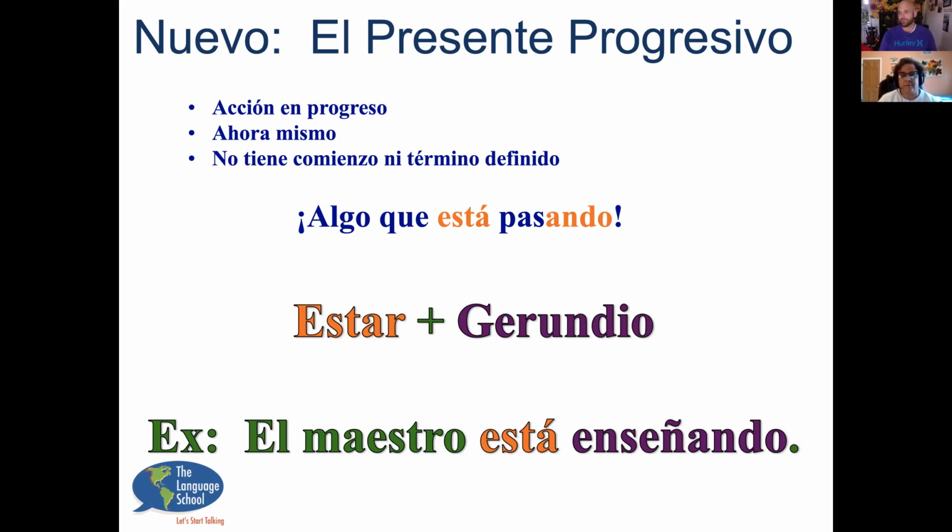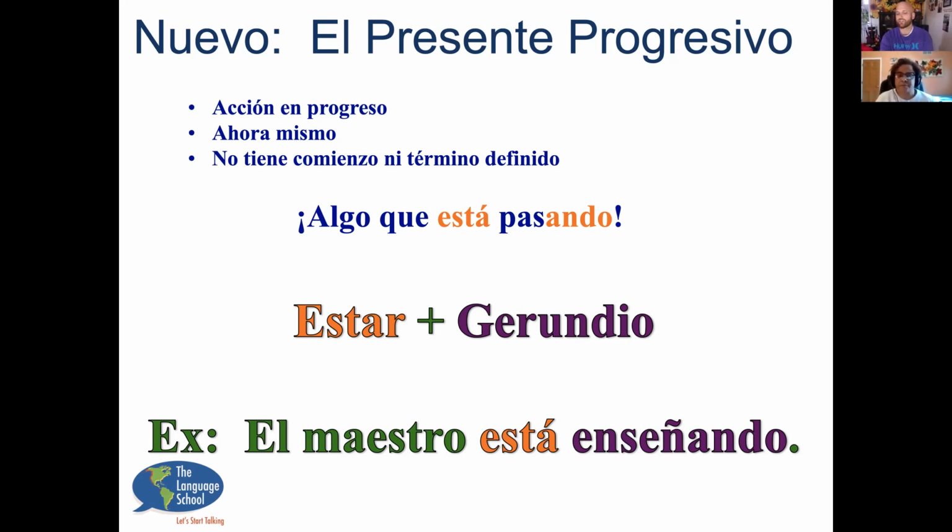There's a little disconnect between Spanish and English in how this is used. Spanish tends to actually use the simple present tense where we would be using the present progressive; we're a little more defined about how we use these than Spanish is. But technically it should be used the same way as in English: una acción en progreso, an action currently in progress, happening right now, ahora mismo, y no tiene comienzo ni término definido, so it doesn't have a start or an end defined.